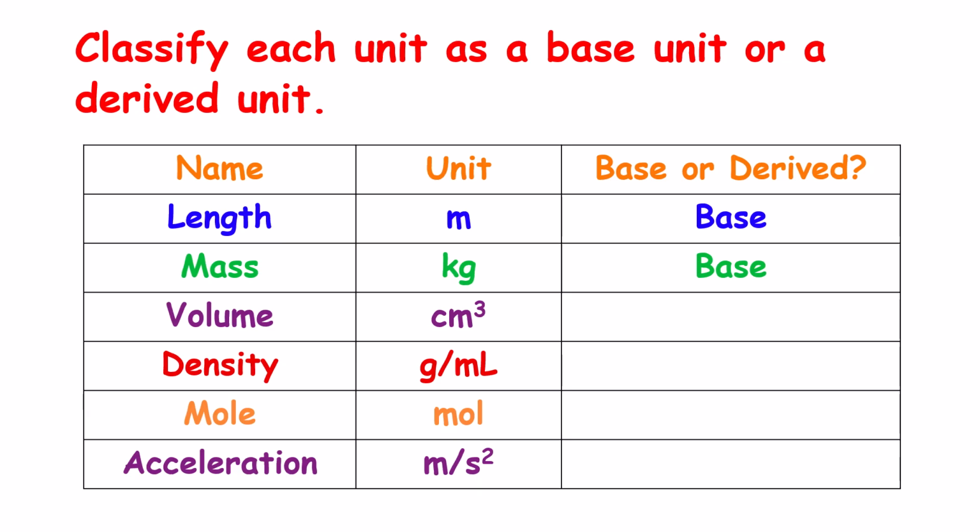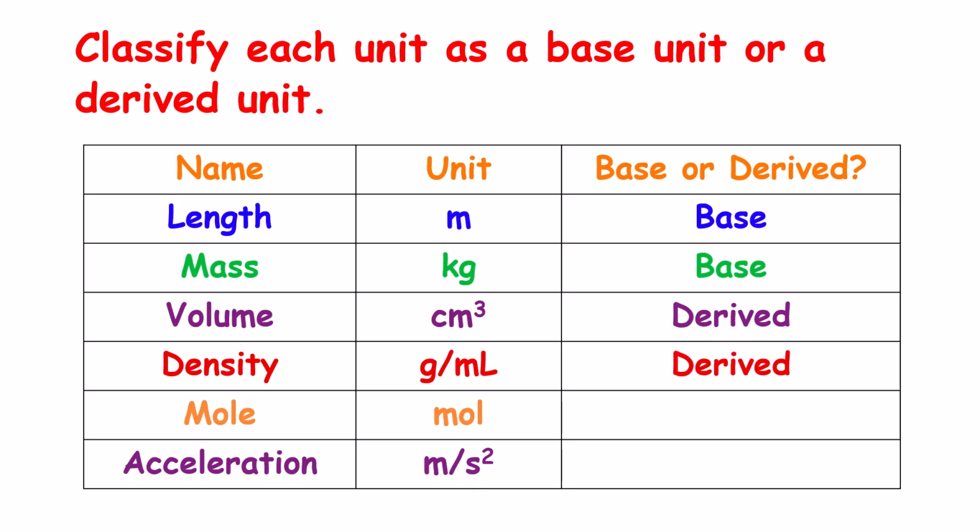Then we have volume in cubic centimeters. Okay, hopefully you got that one, and that is derived because that would be a length times the width times the height. For density, we have grams per milliliter. We haven't talked about this one. Well, you have grams divided by the volume in milliliters, so that would be a mathematical operation.